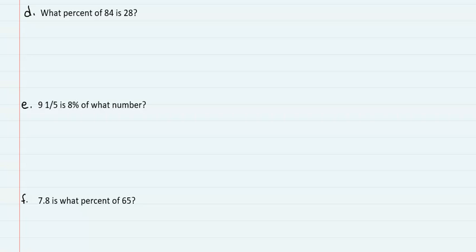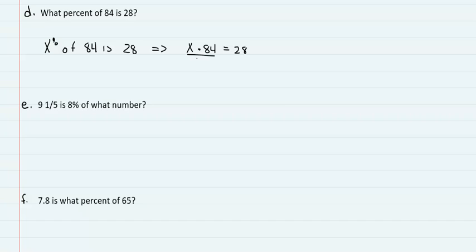Okay, the next one is what percent of 84 is 28? So we're going to set this up as x percent of 84 is 28. And so we get x times 84 equals 28.